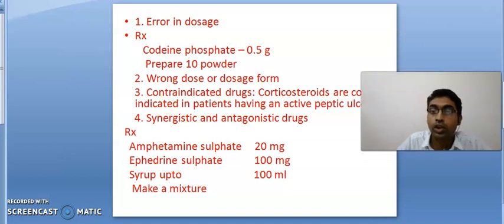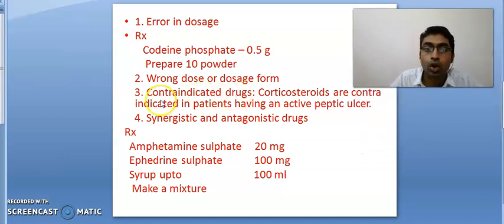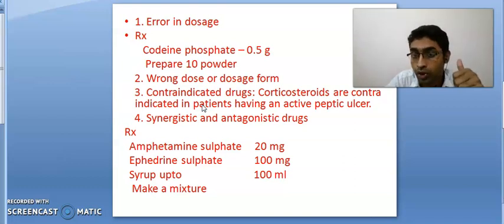Next is contraindicated drugs. Contra means opposing. Indication means the use of the drug. That means it is against the mentioned use or specific use of the drug. So, there are certain drugs which are contraindicated in certain patients who are allergic to them. Like the sulfa group of drugs, like penicillin.